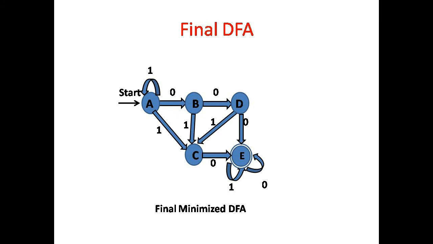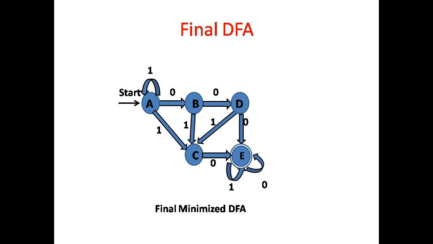After excluding part 2, this is the final DFA containing the states A, B, C, D, E as the new labels. Here A is the initial state and E is the final state of the DFA.